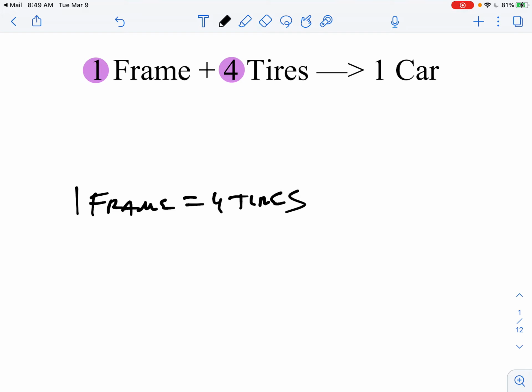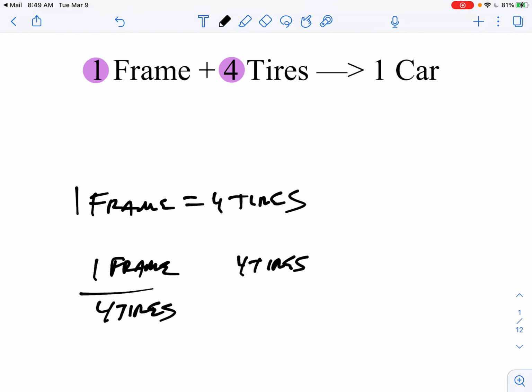And once you have that equality in your toolbox, you can say there is one frame per 4 tires, or if you'd prefer to flip it, 4 tires per one frame, because they are both true, as we have talked about before. If these are the two things you care about, then you can say this equation and have it be valid.